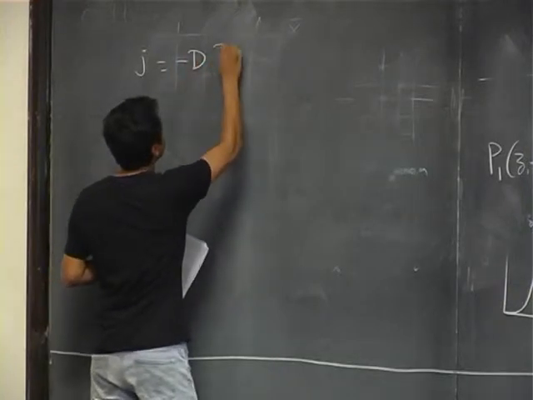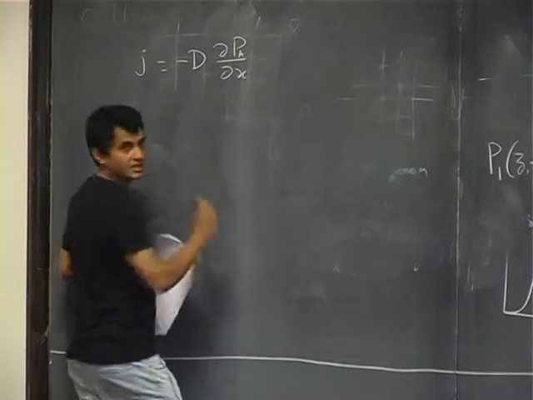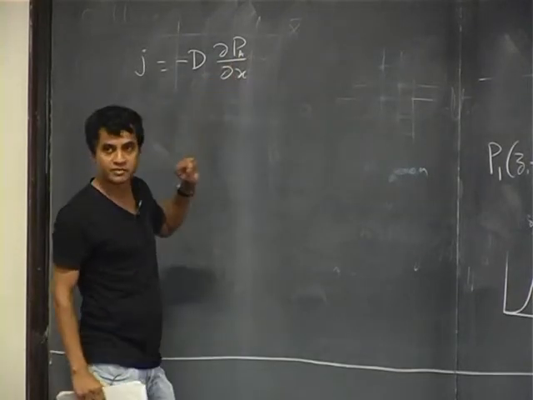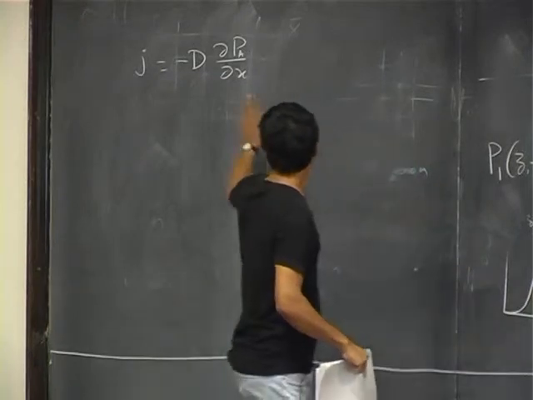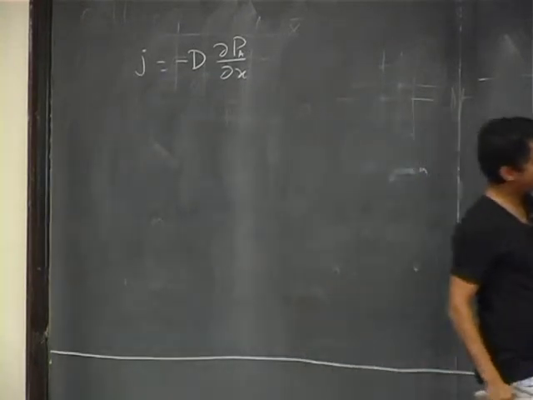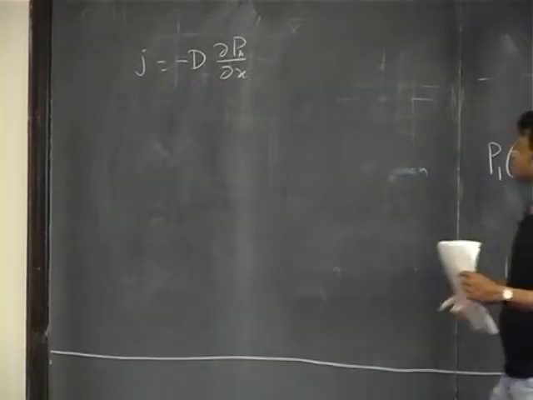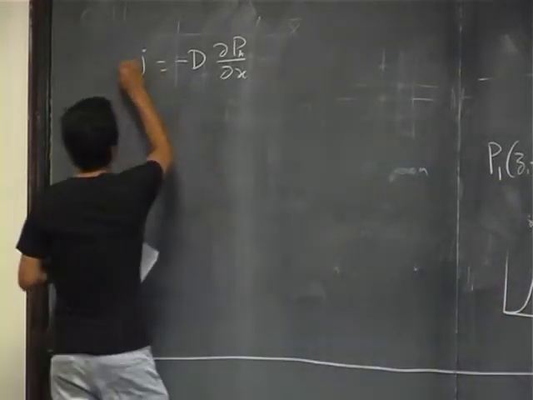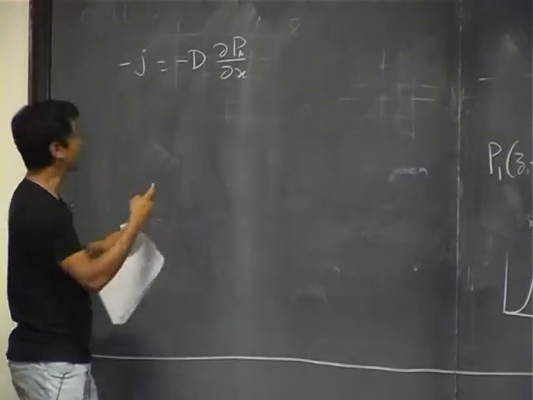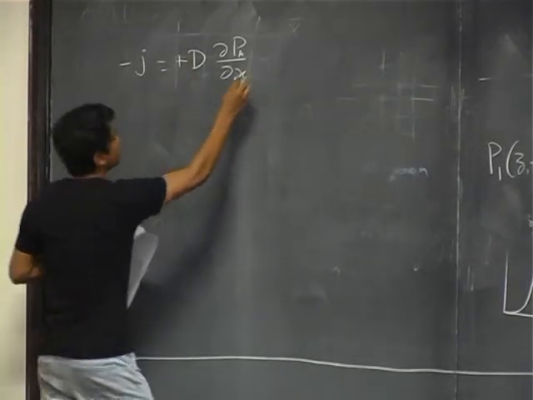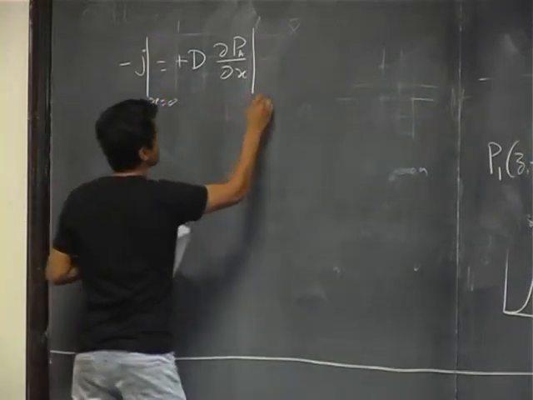So D del P del x. But now I'm using this solution P(x,t), which is the solution of the diffusion equation with this boundary condition. So this is the current, and I want to evaluate it at this point. Let's take minus j because this is the current going in that direction, and I want the current going in this direction. So I'll take minus j and evaluate it at x equal to 0.